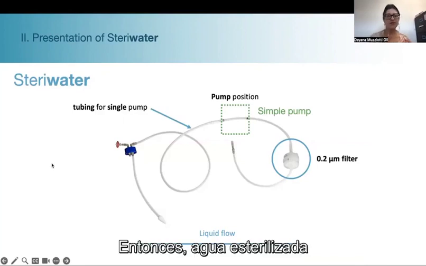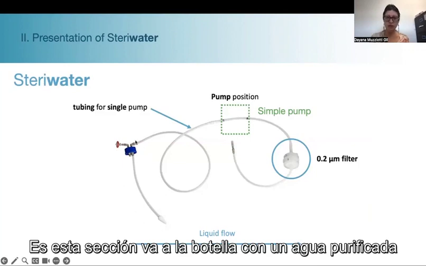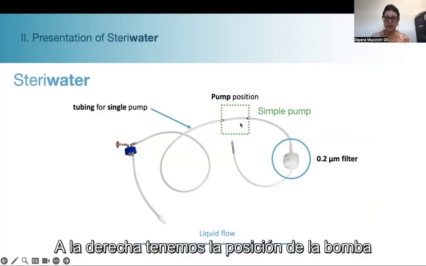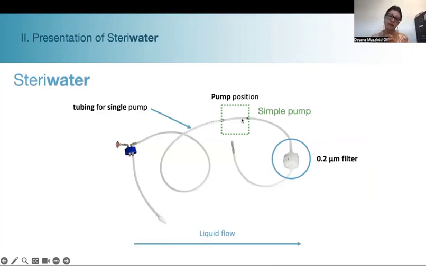So, Steady Water, how does this product work? First of all, right here where we have the cap is the section that goes to the bottle with the purified water. Then, right here, we have the pump position. This section goes into the head of the pumps, either DiluFlow or FlexiPump.